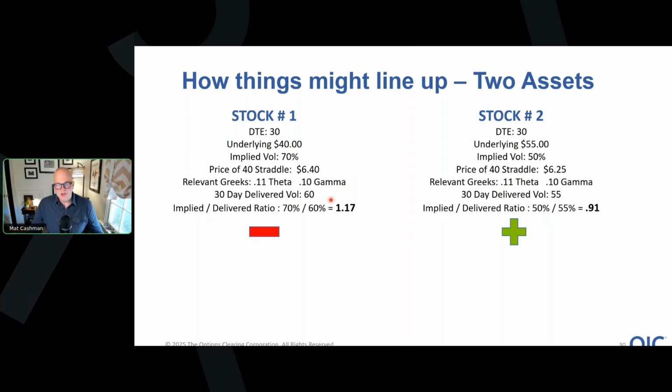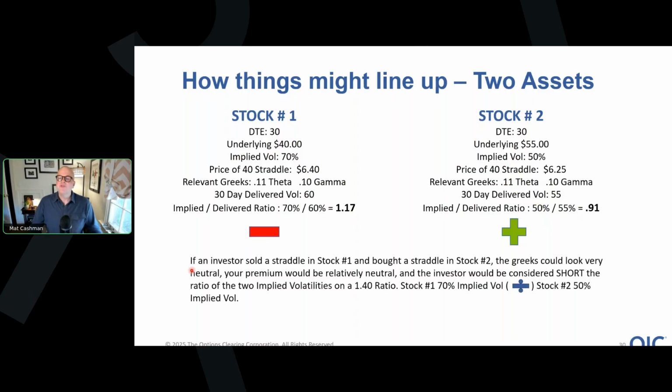They look at certain situations that are priced over 1, and they see that as varying degrees of opportunity to sell options relative to delivered vol. And when they see options that line up in this way, where the ratio is under 1, sometimes they see that as varying degrees of relative value to be buying options.